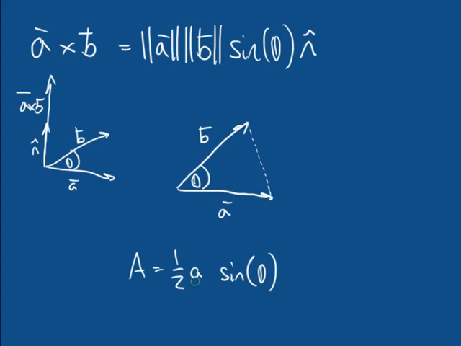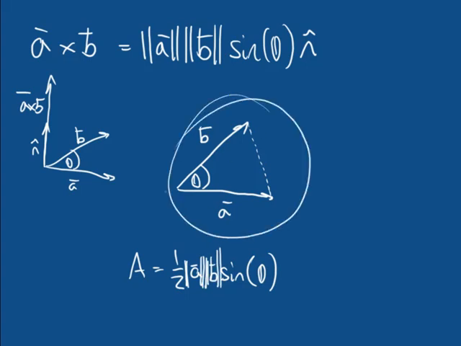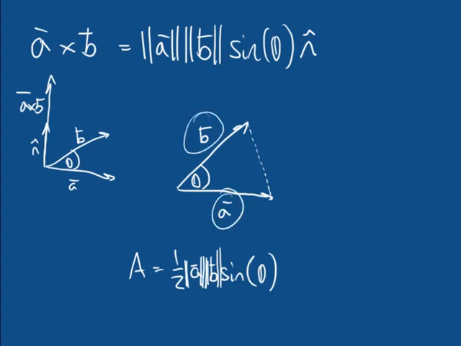What we really need is the length of the edge, which is the length of vector A, and the B in our equation really is the length of this edge here, which is the length of vector B. So the area of a triangle, as defined by our vectors, would be equal to half the length of vector A multiplied by the length of vector B, multiplied by the sine of the angle between them.